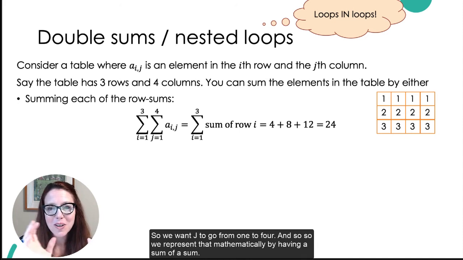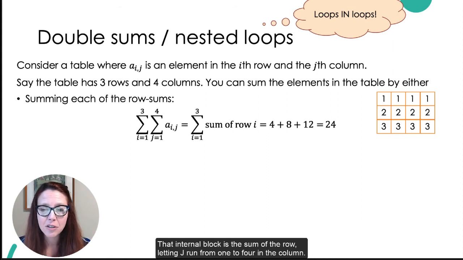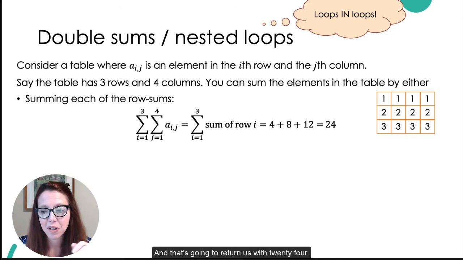And so we represent that mathematically by having a sum of a sum. This first piece is the sum of the row sums. That internal block is the sum of the row, letting j run from 1 to 4 in the column. And so if we look across, the first row sums to 4, the second row sums to 8, the last row sums to 12, and that's going to return us 24.